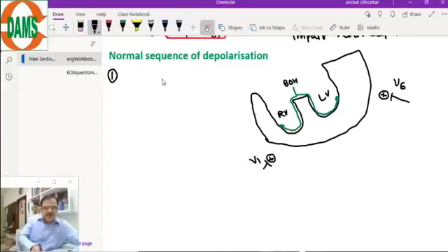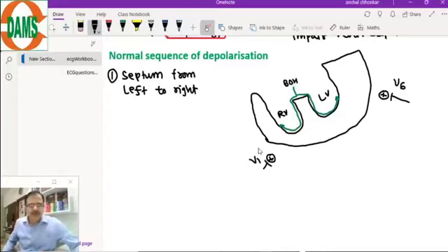In the normal sequence of depolarization, the part which depolarizes first, number one, is the septum, from left to right. What is depolarization? Depolarization is the movement of positive charge inside the cell.